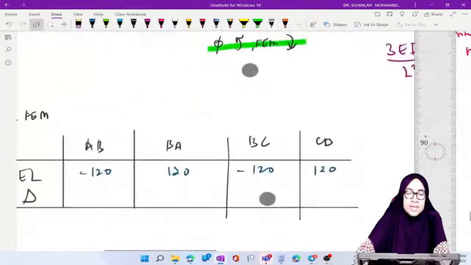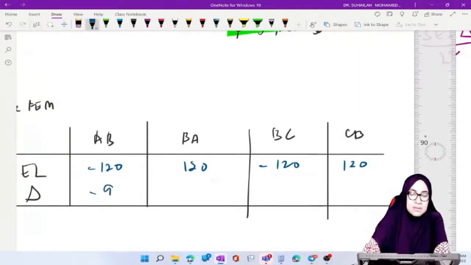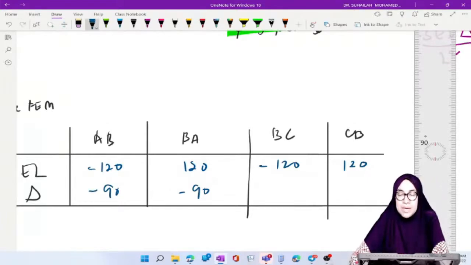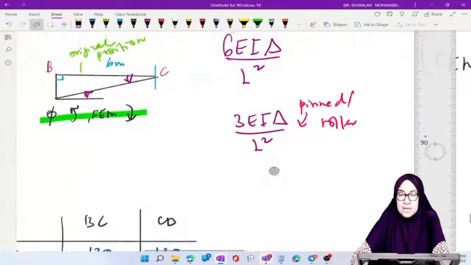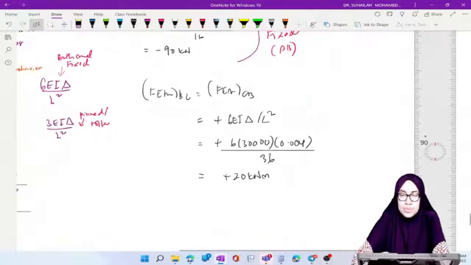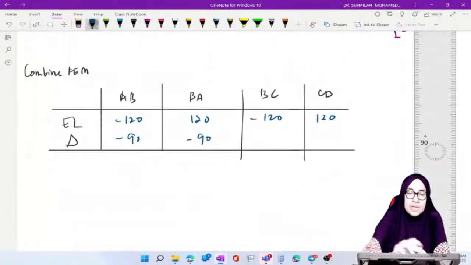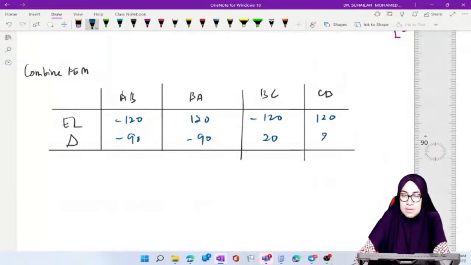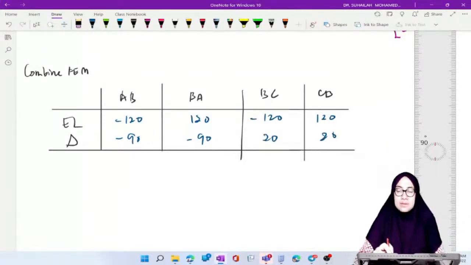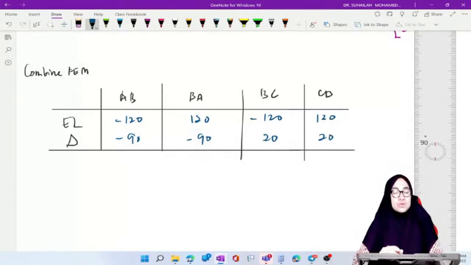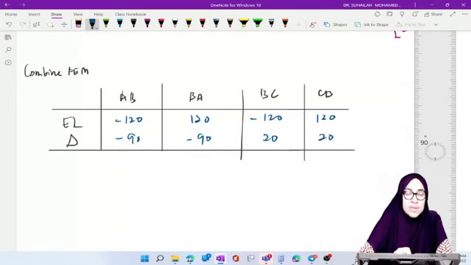So we get negative 90 here. And BC, CB is equal to positive 20.